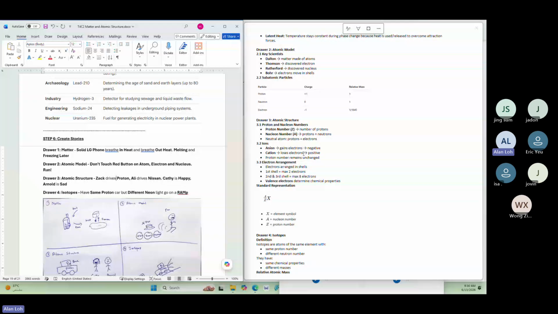So Arnold or anion gains electrons, then the ion becomes a negatively charged ion. Okay, so that's how I remember this. Right, I didn't put this shell here in the story, but I hope once we remember Kathy and Arnold, we remember there's one more, which is electron arrangement, shell.